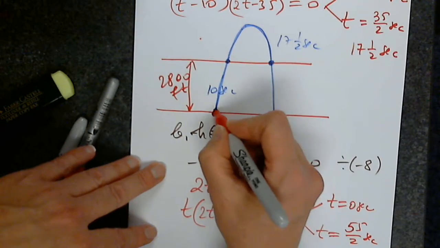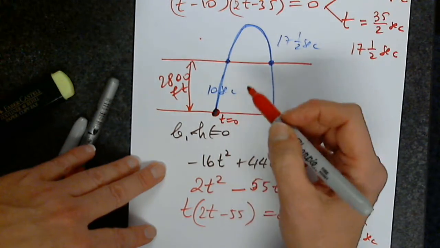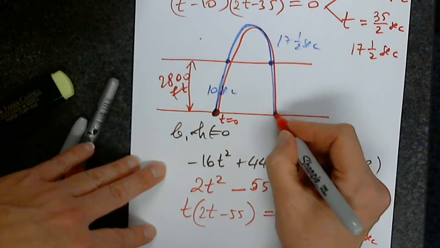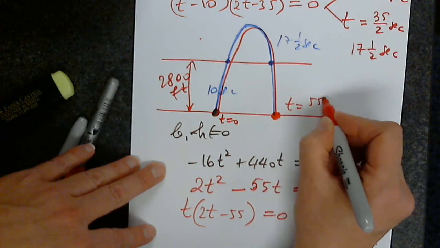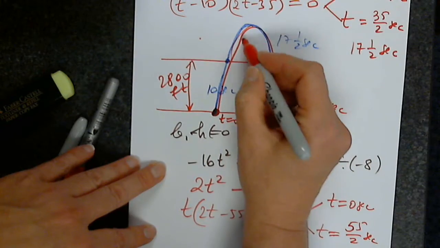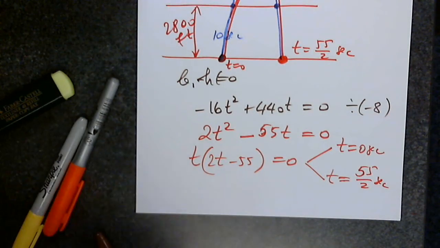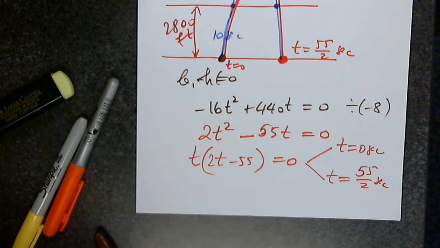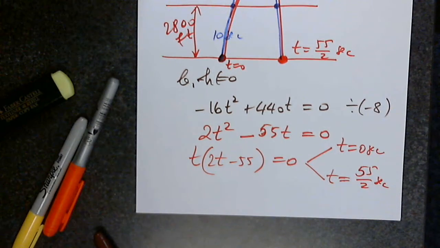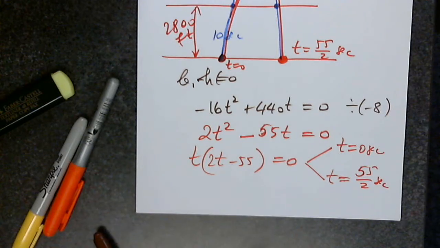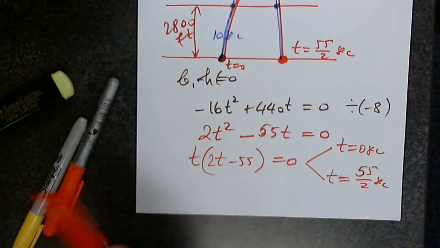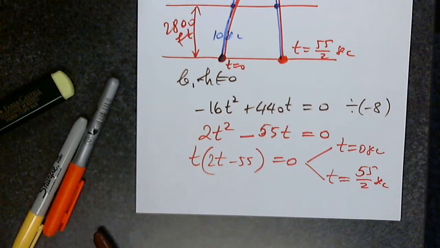So right here is at t equals 0, and right here at t equals 55 over 2 seconds. So two answers. However, we were asked to determine when it hits the ground the second time. So of course we got t equals 0 as well.